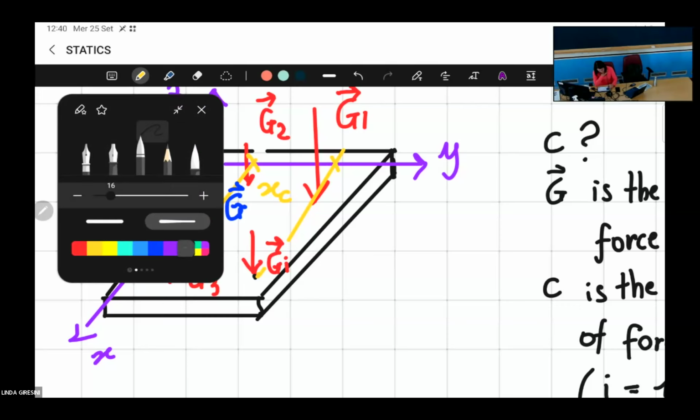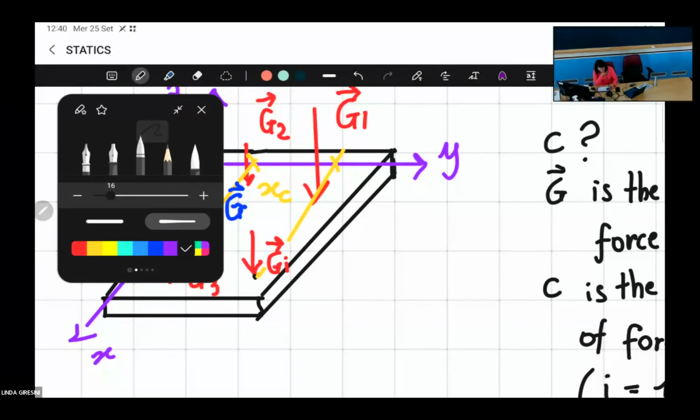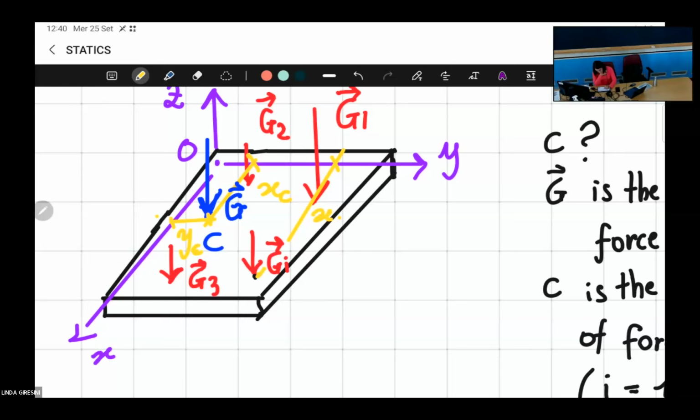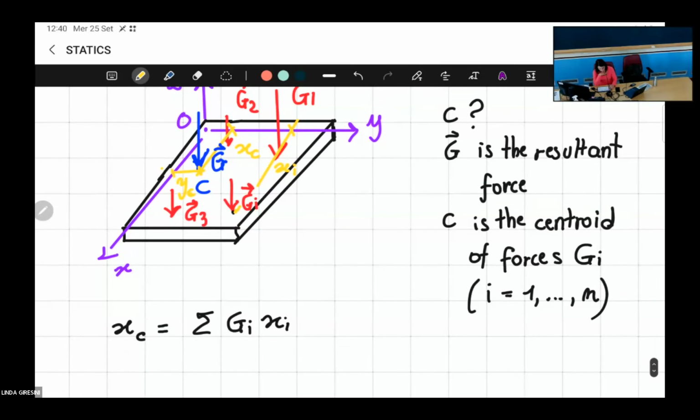The correct distance is to the axis, of course, not to the black line, but to the purple line. So this Xi is the distance of the generic force. You have to make the product of all these forces, and you must divide this sum by the sum of all the forces.